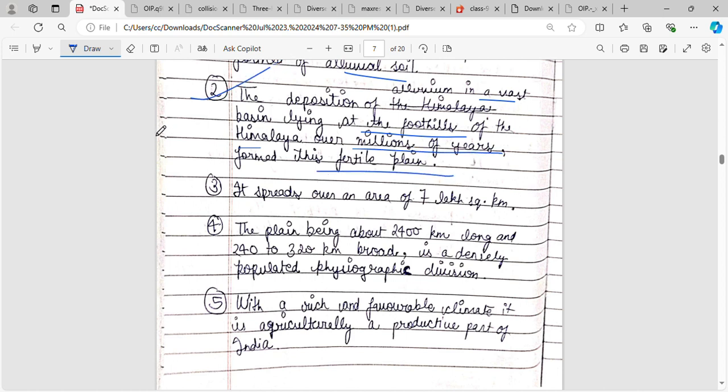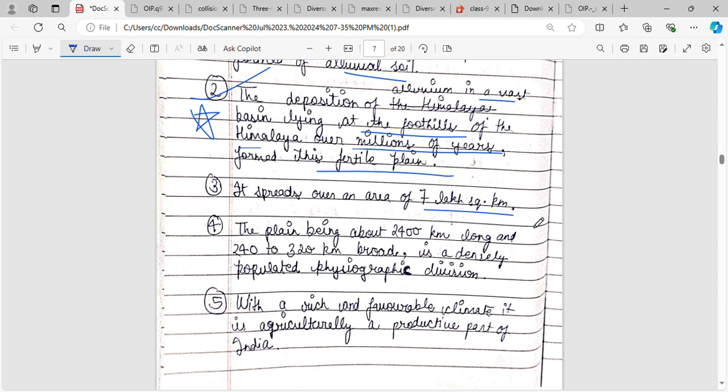How was this plain formed? This is written in this second statement. It spreads over an area of 7 lakh square kilometer. What is the area over which the northern plains spread? It's 7 lakh square kilometer.